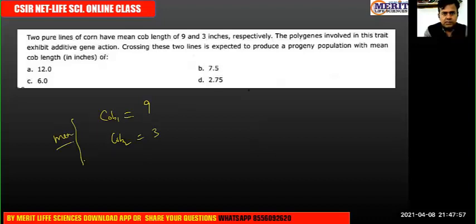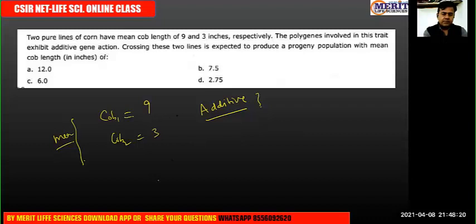What is involved? Additive gene action. Crossing these two lines is expected to produce a progeny population with mean. Earlier we solved this problem before Akshika joined, right, Rajlakshmi?